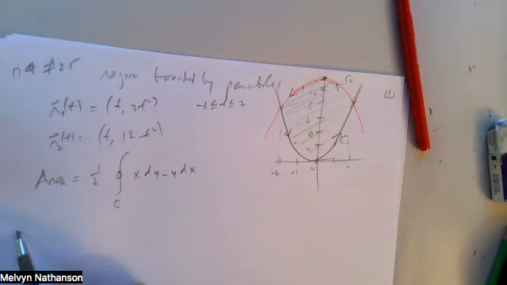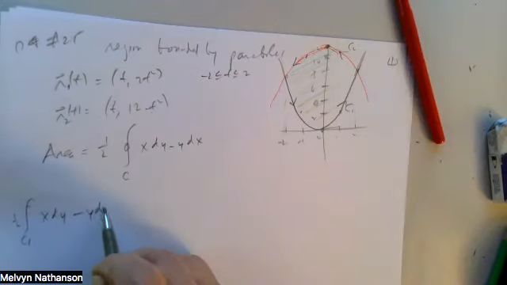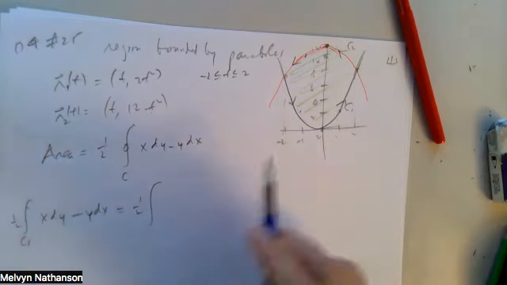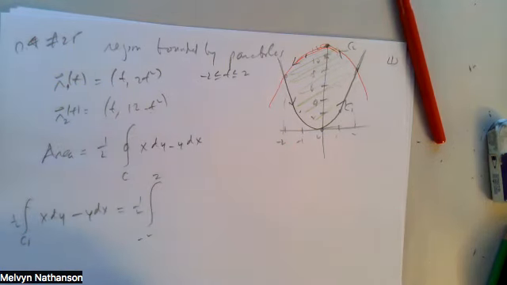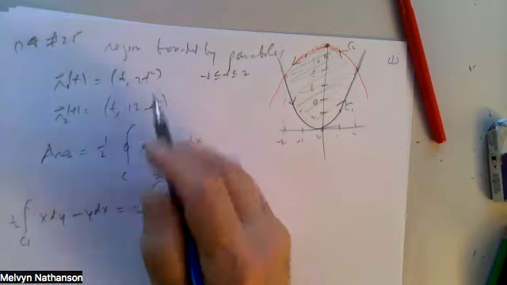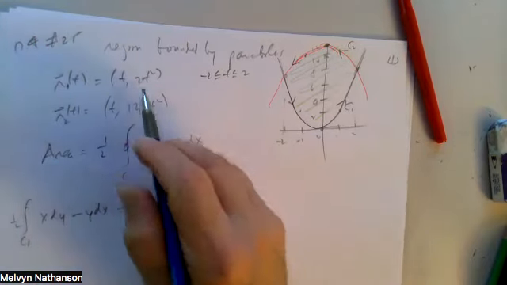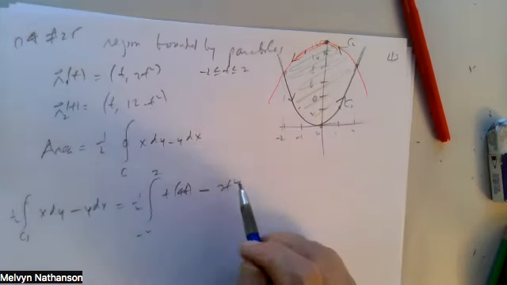So along C1, the integral along C1 of 1/2 x dy minus y dx is 1/2 the integral as t goes from -2 to +2, x dy, x is t, dy is 4t, minus y, 2t squared, dx is 1.